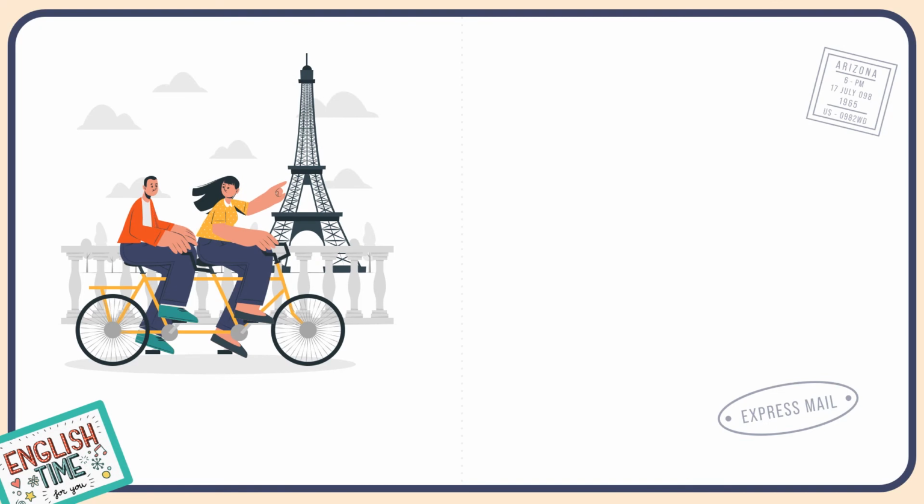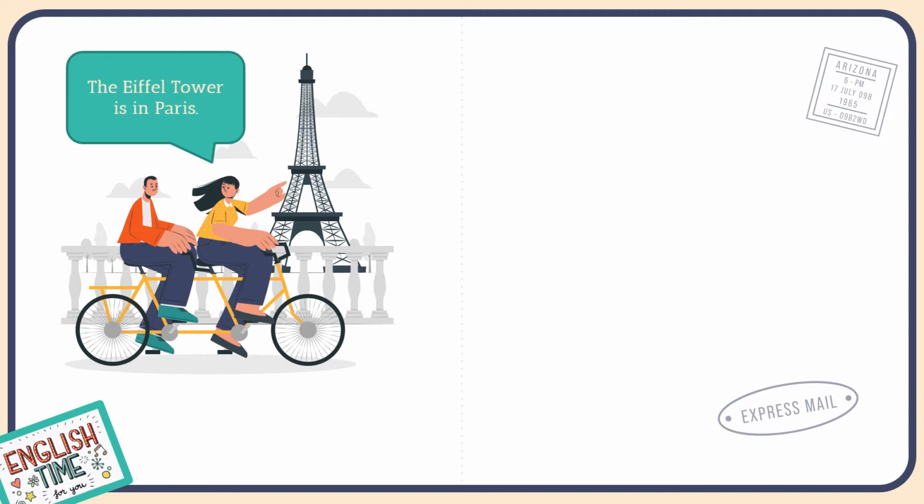Let's take a look at this picture. Do you remember Mrs. Vasu? Yes, guess what? This is Mrs. Vasu and her husband. They were on a trip in Europe. When she was taking this photo, she said this sentence. "The Eiffel Tower is in Paris," she said.